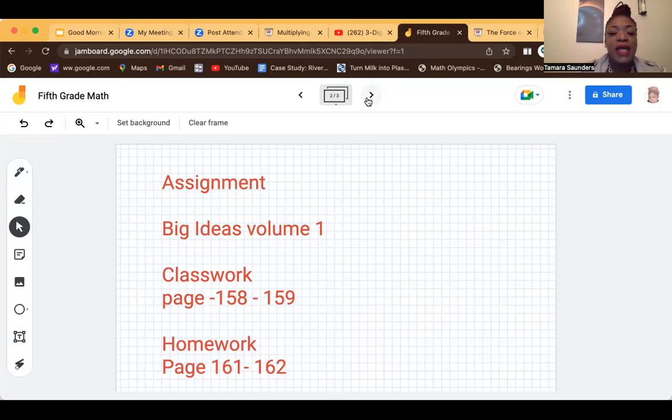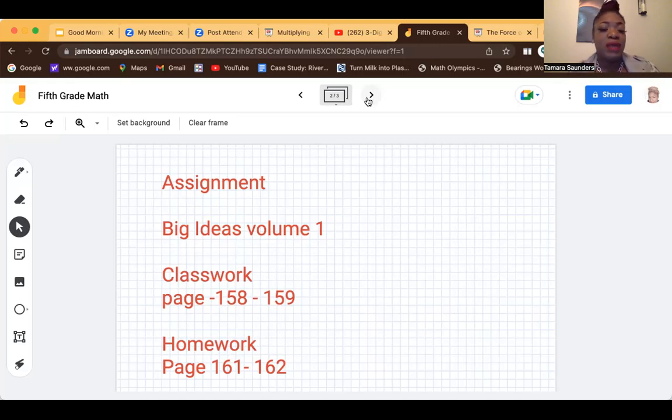So as normal, you do have classwork, which is in your Big Ideas Volume 1. We would have put that in your bag on Thursday. And so we'll be working on pages 154, 158 to 159. And then, of course, you have homework.